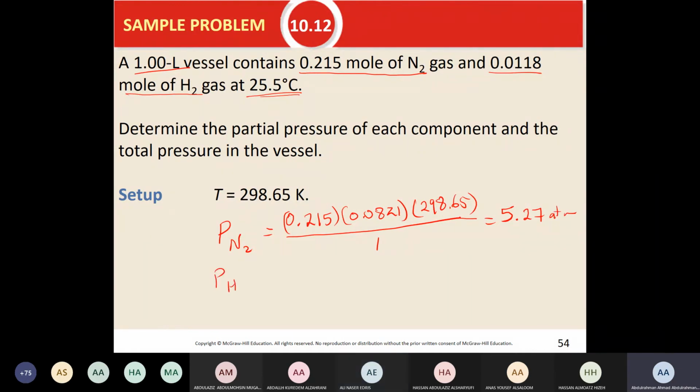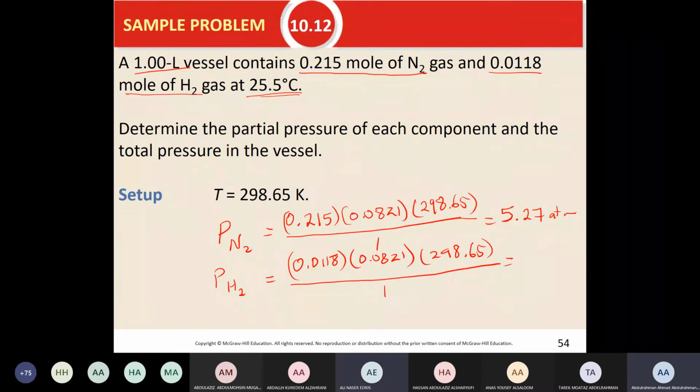What's the pressure of H2? 0.0118 multiplied by 0.0821 times 298.65, divided by 1, which is equal to what? Give me an answer. 0.29.